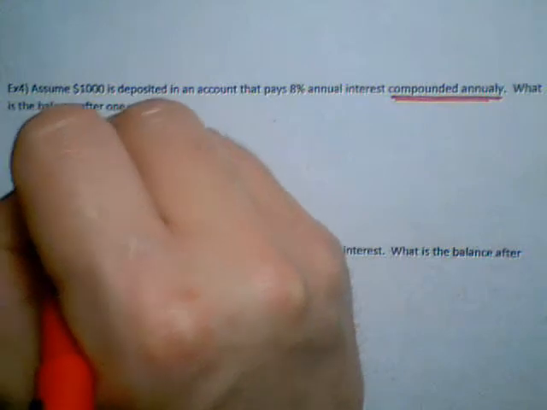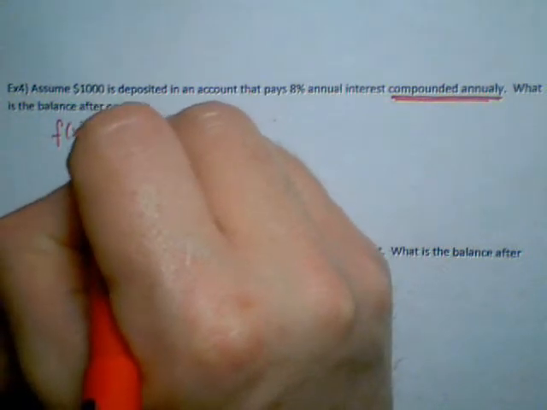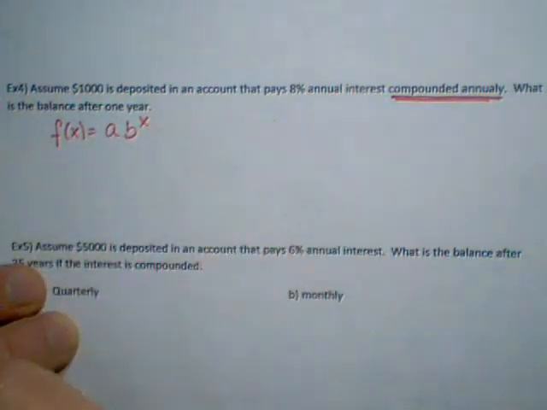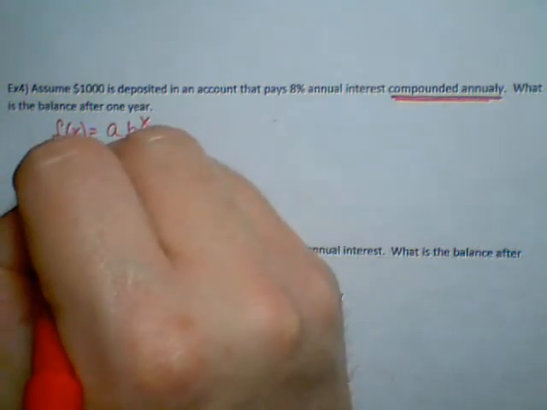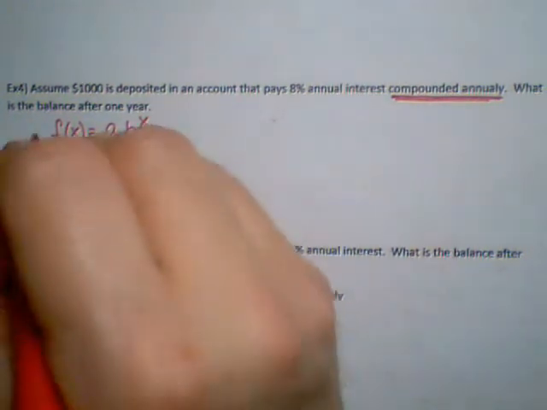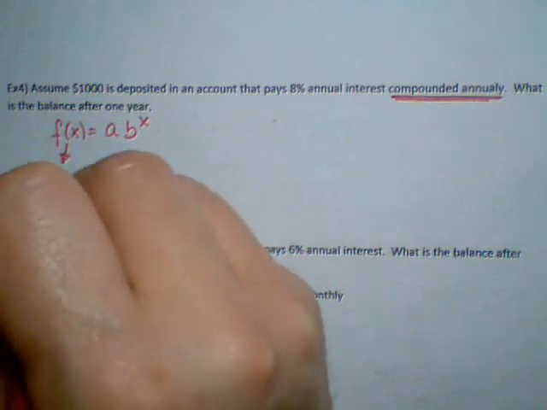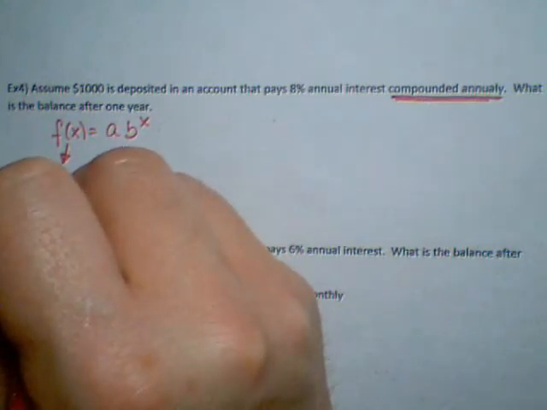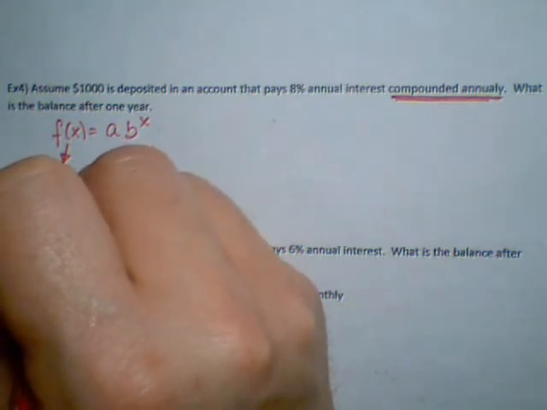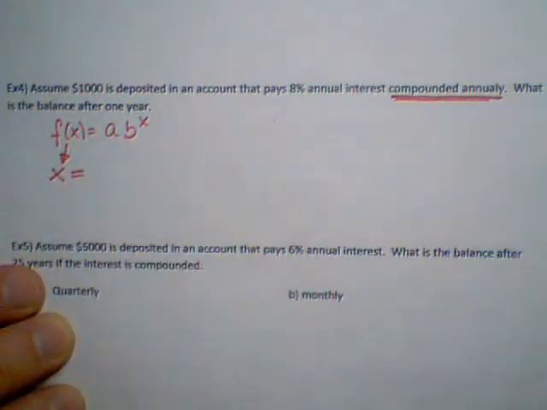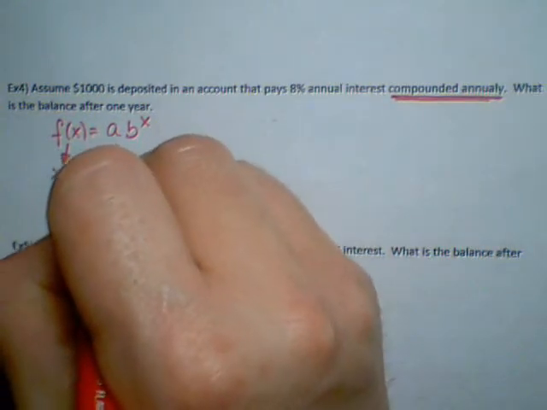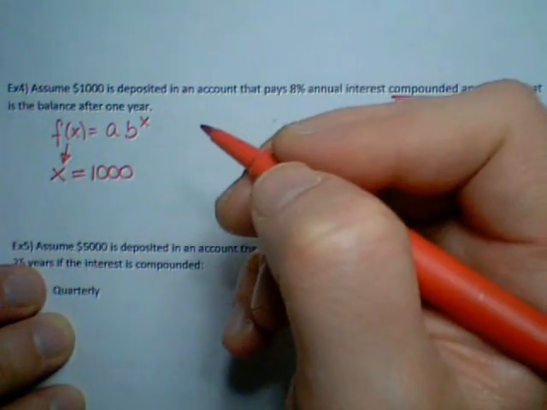How much money are you going to have in the bank after 1 year? Well, we have our equation, right? f of x equals a times b to the x. Do we have a final amount? No, because that's what we're looking for, the balance. Then we're going to do our initial amount, which is $1,000.